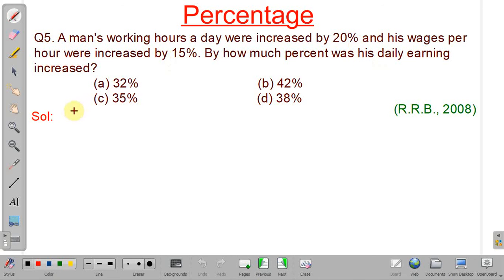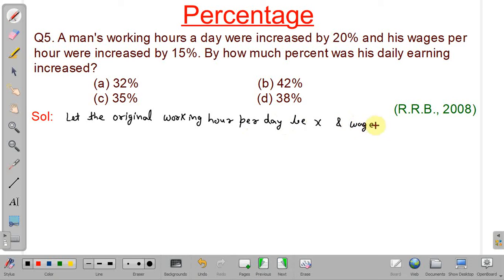So we will assume, let the original working hour per day be x, and wage per hour be rupees y.